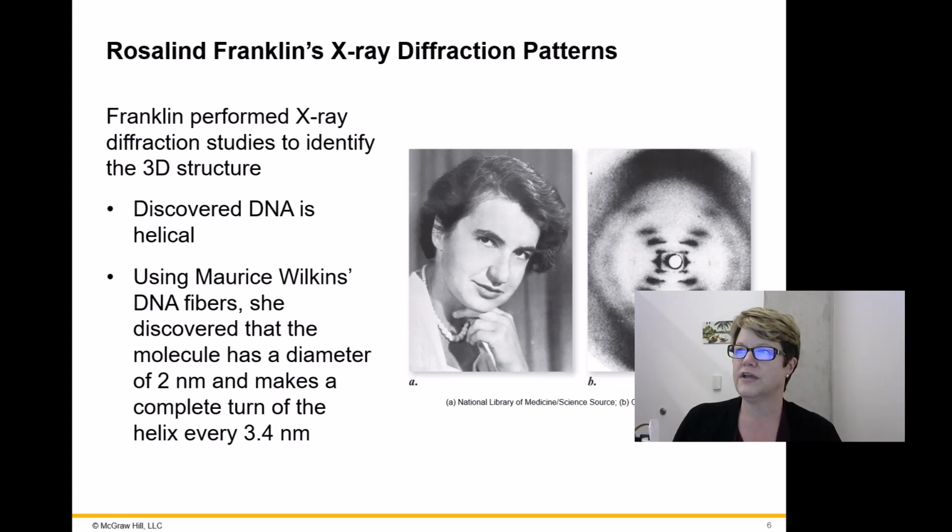So even with Chargaff's rules, we didn't quite know what to do with that information yet. It wouldn't be long, though, before scientists would be able to put things together. Around the early 1950s also, we have a scientist, Rosalind Franklin, who was working in a lab studying the structure of DNA, and she was doing X-ray crystallography, which is a method that's still used today. You need a crystal, and actually DNA makes a very nice crystal.